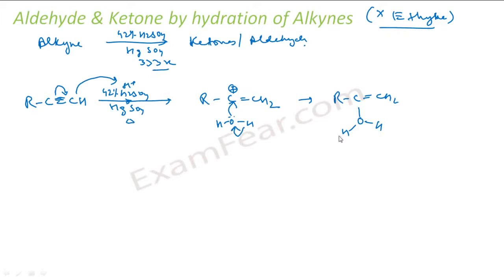Let me draw this one more step so as not to confuse you. Positive charge comes on this oxygen, it is not happy, right? So this bond will break and H plus will come out. So what you get is this structure, correct?